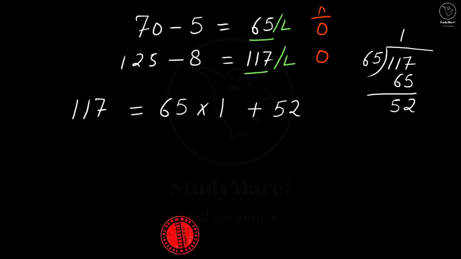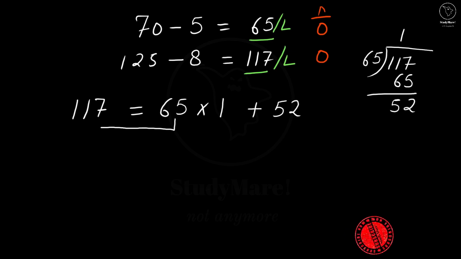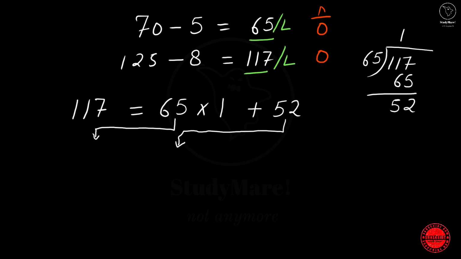Now, as per Euclid's division algorithm, to obtain the HCF of two numbers, this will move here and this will move here. So now we get 65 is equal to 52 multiplied by something plus the remainder.